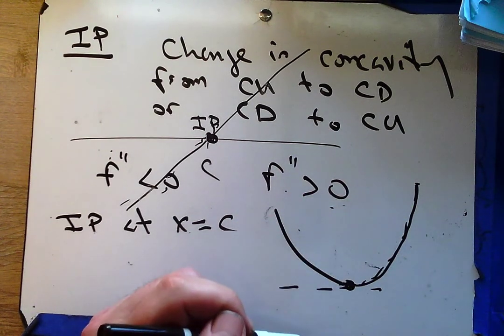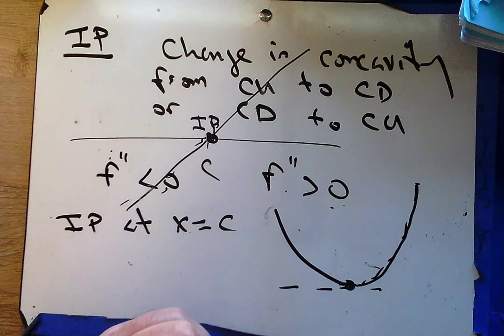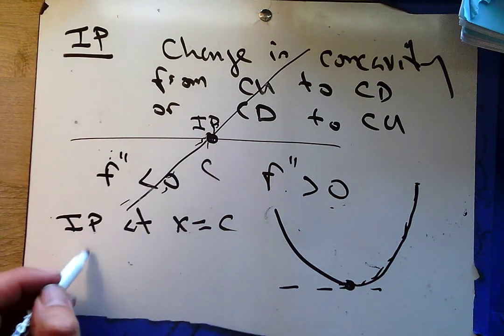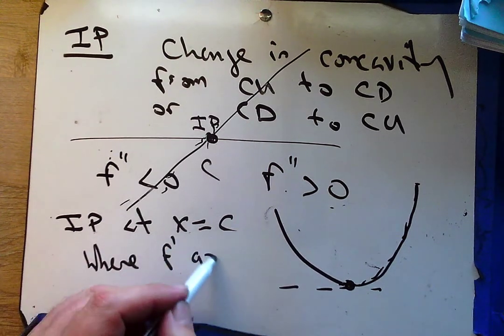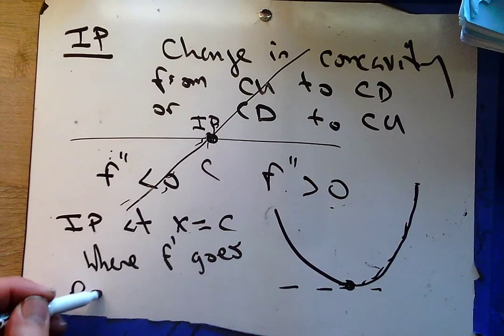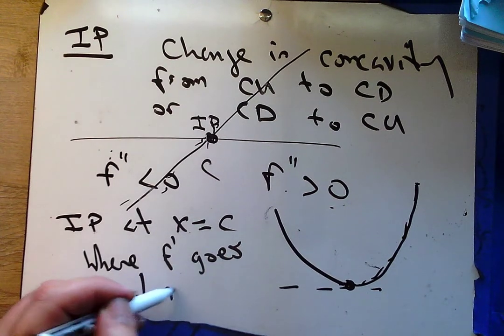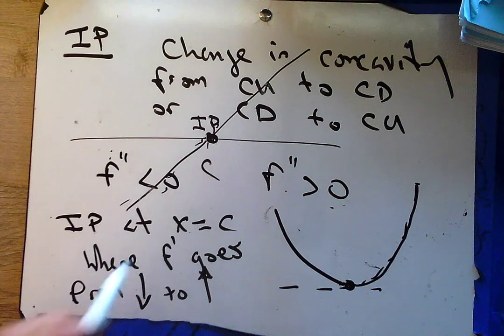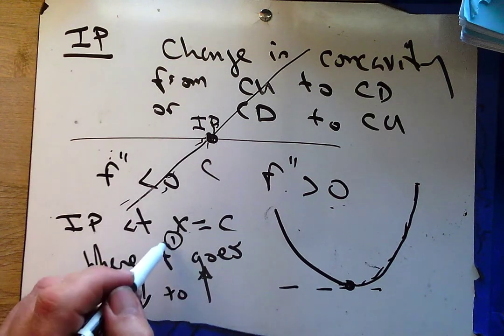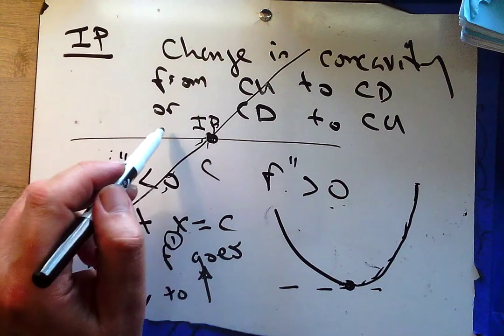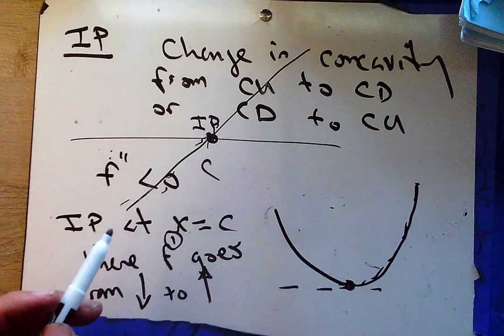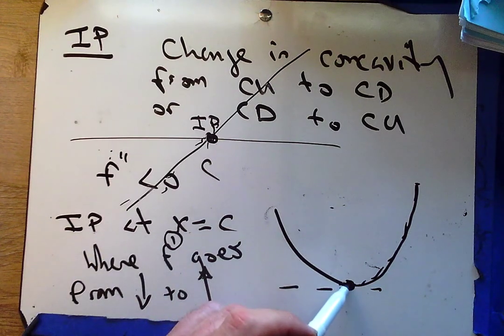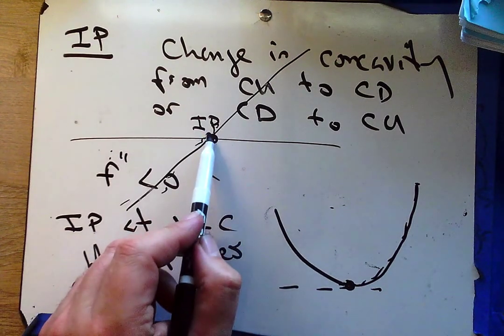That's a minimum. So where f prime goes from decreasing to increasing. Hey, when f prime, the antiderivative of f double prime, goes from decreasing to increasing, that's going to be a 0 slope, which means I'm going to have a 0 y value here on f double prime.